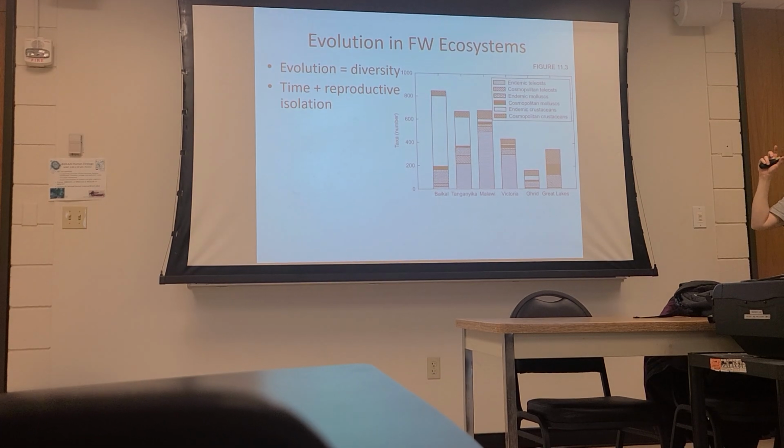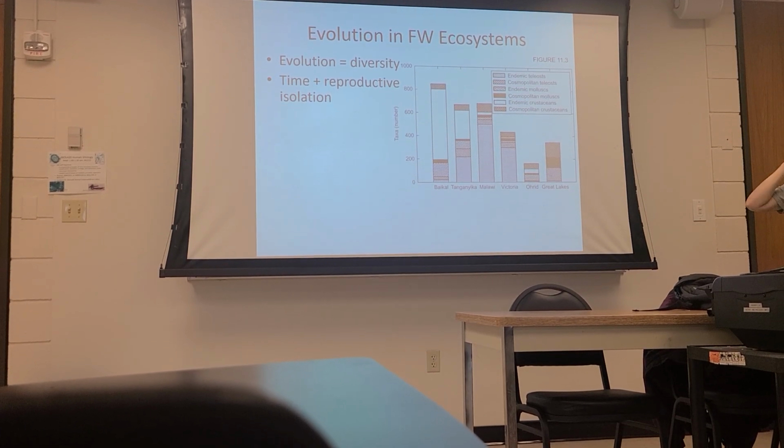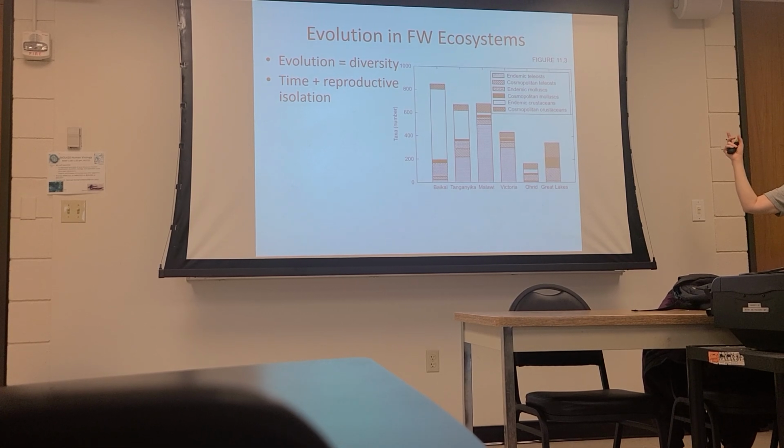So if you can keep populations separated from each other, and if new characteristics show up and they keep accumulating, they'll become different enough to be different species. So in freshwater ecosystems, if you have a really long time, and in particular lakes are isolated from other lakes frequently, then we can get some really interesting evolutionary change.